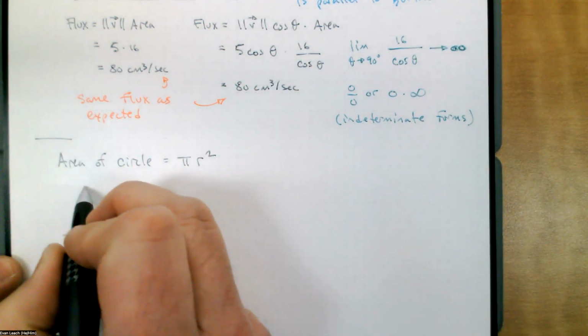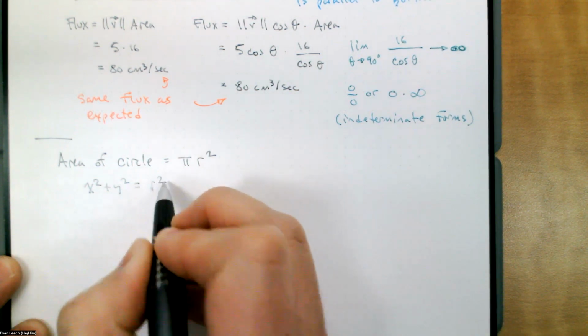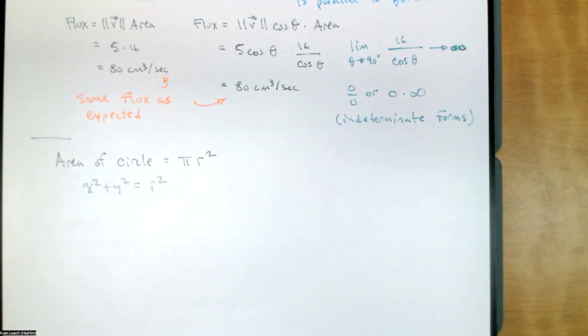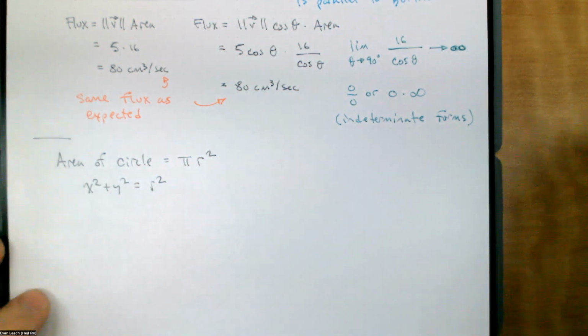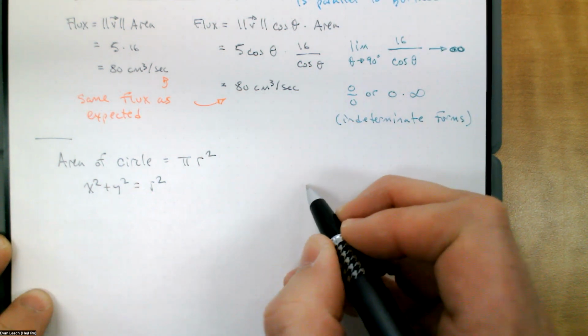And the equation for a circle is x squared plus y squared equals r squared. We're just going to go with the rectangular coordinates, even though we have better coordinates for describing round things. We know that x squared plus y squared equals r squared. The reason that we want to go with x squared plus y squared equals r squared is that we want to take our circle and think about an ellipse.